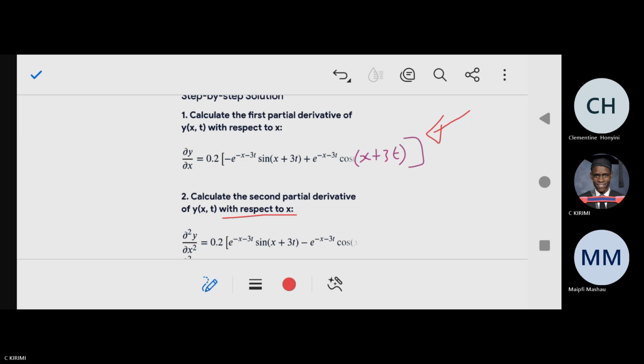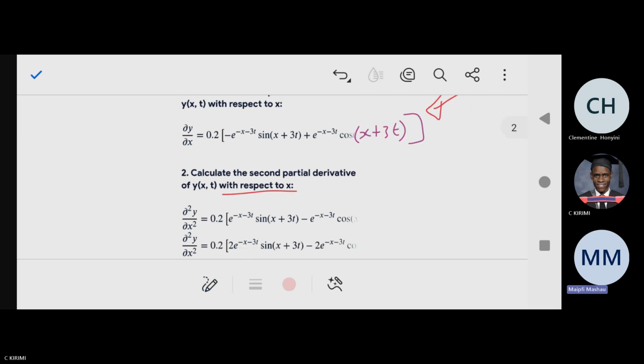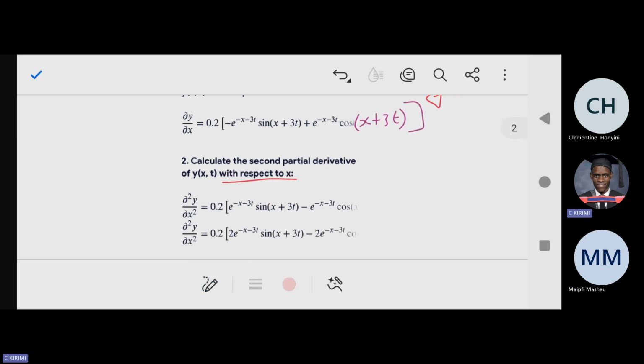Okay. So let's go. 0.2 is still outside, isn't it? Yes, 0.2 is still outside. So if 0.2 is still outside, now we differentiate this first one, keeping the what? The second one constant. Can you see?